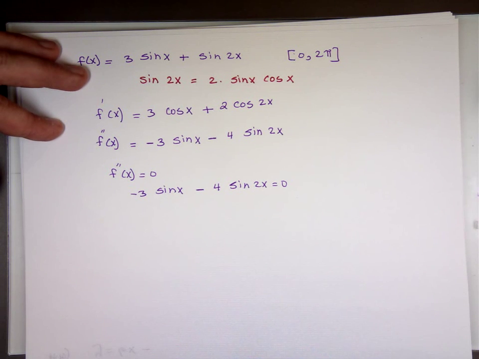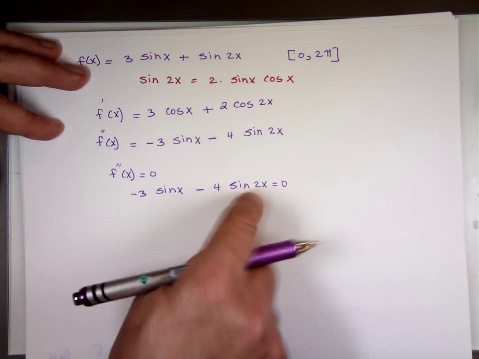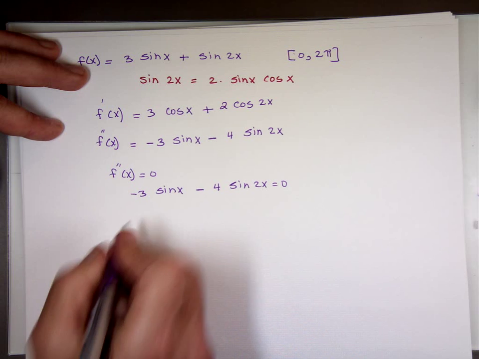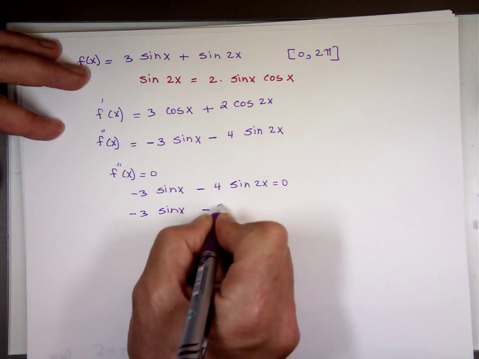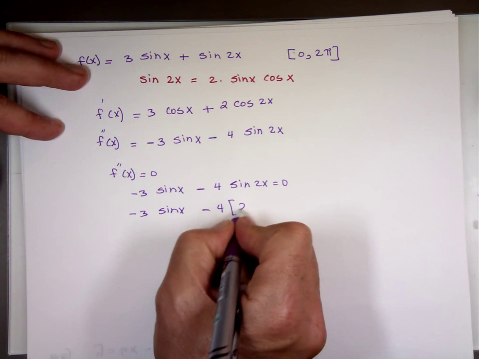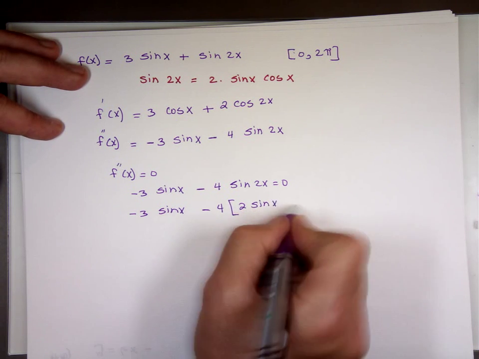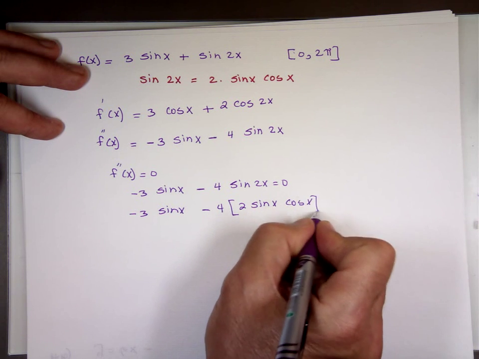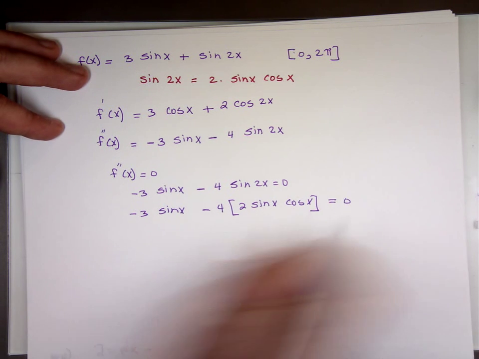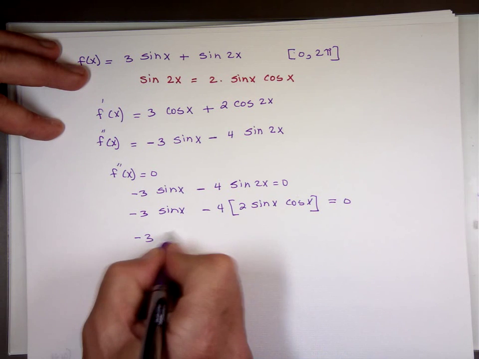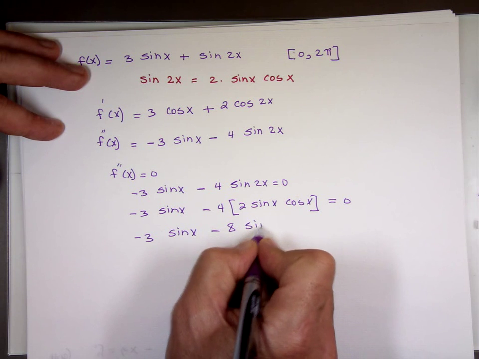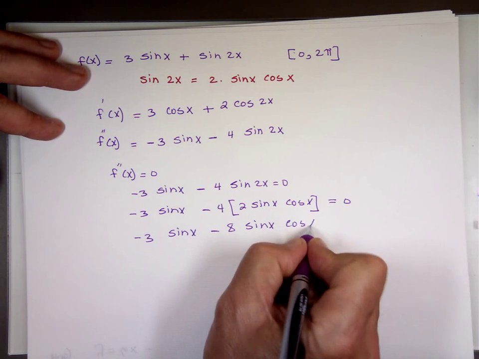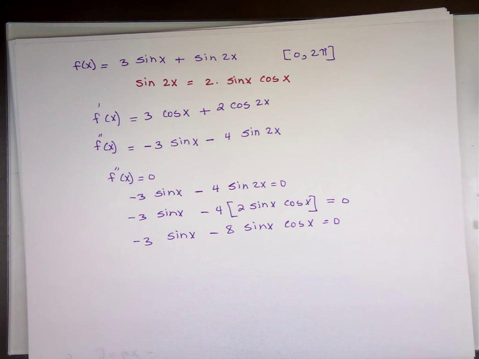Are we good so far? Was there a question? Somebody had a question on it? Now I'm going to take the sine 2x and replace it with this, because they have to match. So sine 2x, I'm going to put in place of it 2 sine x cosine x, and find out when this is going to be 0.